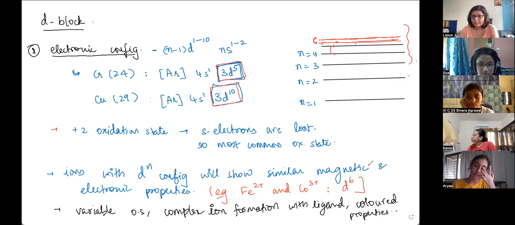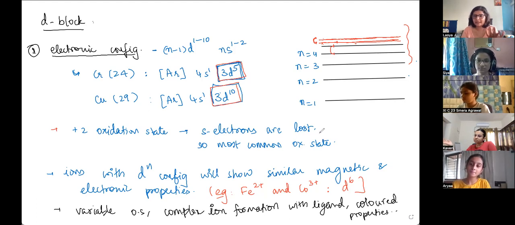Miss, what did you say about catalytic properties? D block elements are used as catalysts in a lot of reactions, like nickel, palladium, platinum used in hydrogenation. This is something you're familiar with. Similarly, iron is also used in Haber's process.